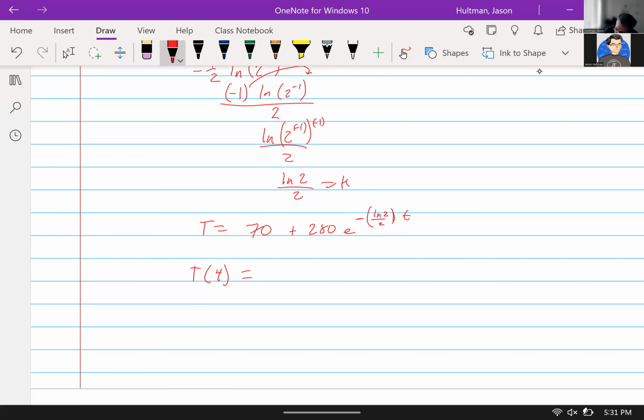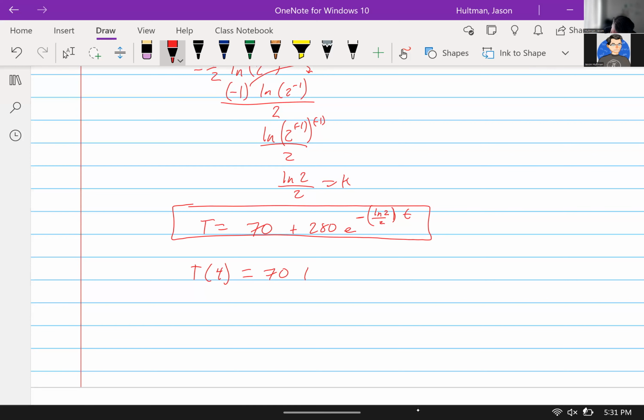So will this equation give me the temperature of the bar after 4 minutes? So I just want to take this value and plug in t equals 4. Okay, so 70 plus 280 e to the negative natural log of 2/2 times t of 4.